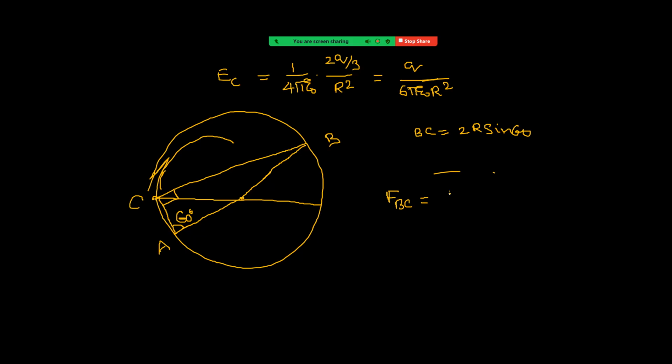Force between B, C: 1 by 4 pi epsilon naught, Q1, Q2. That means Q by 3 and 2Q by 3. I am focusing only on the modulus of the force, that's why not taking minus here. Q1 Q2 by R square. Distance how much? This is R root 3, so R root 3 whole square.